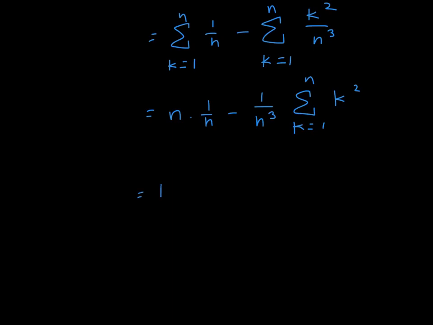This is 1 minus 1 over n cubed. And this is the sum of the first n squares. So then this is equal to n times n plus 1, remember, we wrote this down earlier, 2n plus 1, all of this over 6. All right, excellent.